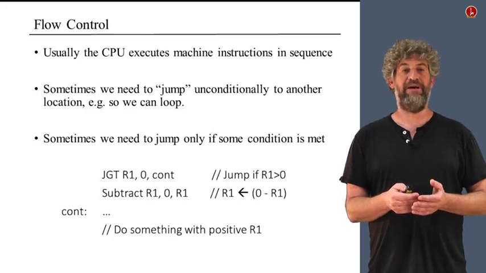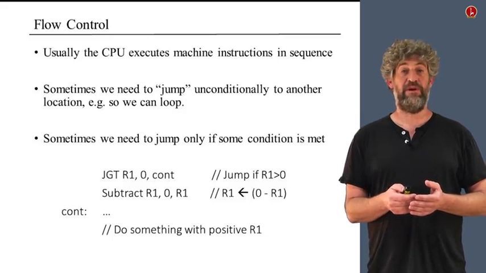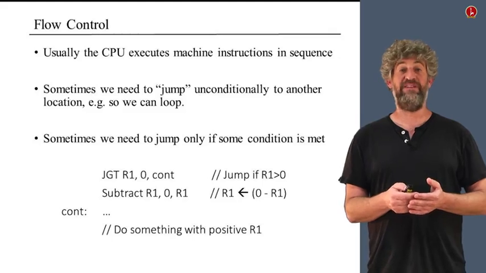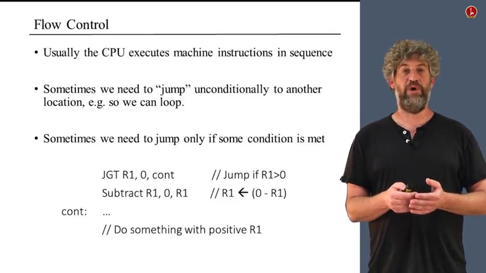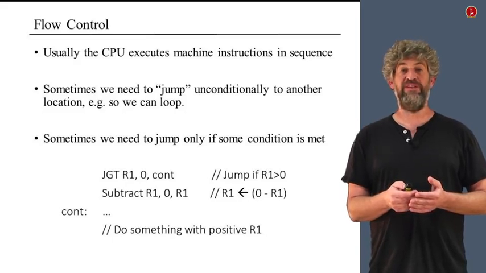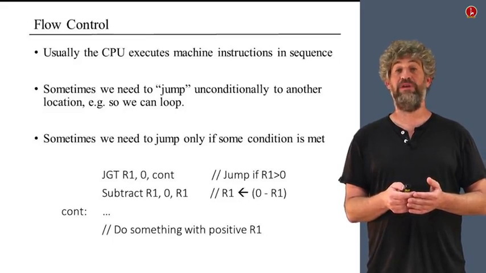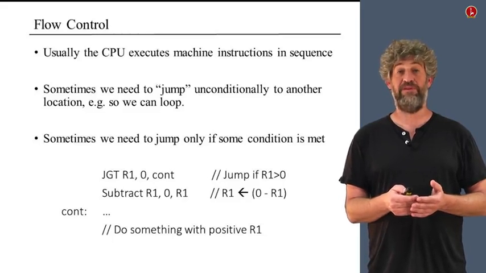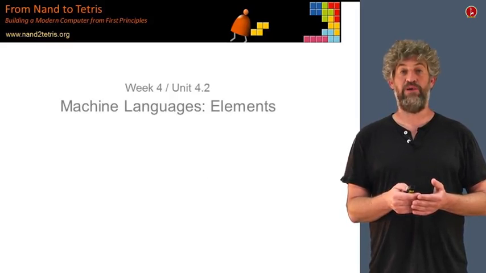This means that if we have a positive number, then we're not going to do the next instruction, the subtract instruction. But if we have a negative number, we're just going to continue directly to the subtract instruction, which takes R1 and negates its value, makes it positive. Now, in both cases, we are continuing with the same sequence of instructions, and now we already have in R1 a positive value. So this is an example of why we sometimes need a conditional jump, and machine languages always have some kind of way to instruct the hardware to do this kind of conditional jump.